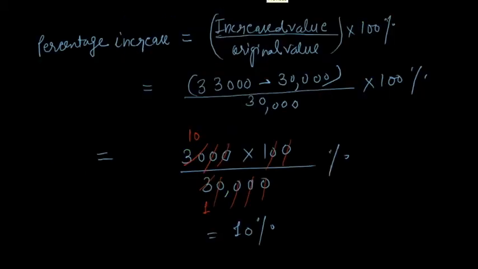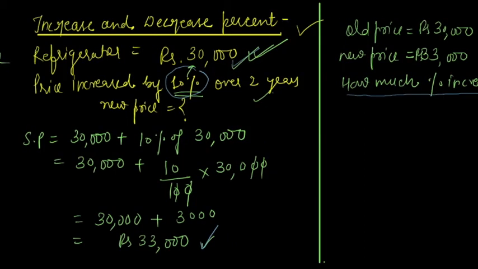I hope this is clear, because if percentage increase is clear, similarly the percentage decrease will be very easily clear to you. So I will again recap this. In this question, the cost of the refrigerator was rupees 30,000 and over a period of 2 years, it has increased 10%. We have calculated the new price with this equation, right? The old value plus 10% of the 30,000 rupees will give you that.